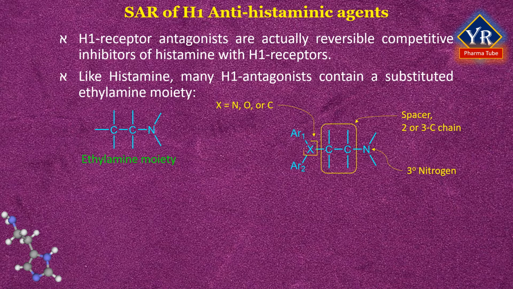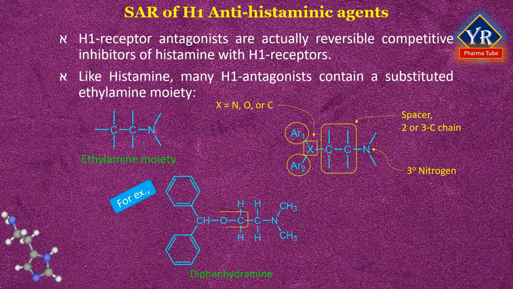For example, diphenhydramine, which is an ethanolamine. You can see the general formula where AR1 and AR2 are aryl groups and X is a nitrogen or carbon atom or a CO ether linkage to the beta amino ethyl side chain.